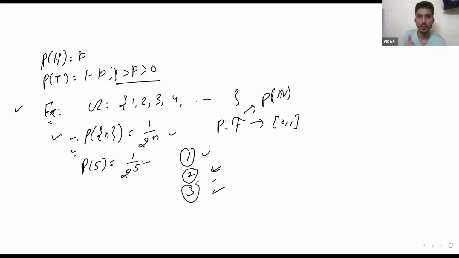Fairness means, for a match, why are we tossing the coin only? Because we know that this is fair. Fair means this is not biased, it's not inclined toward any team. So that property you can see that we use.